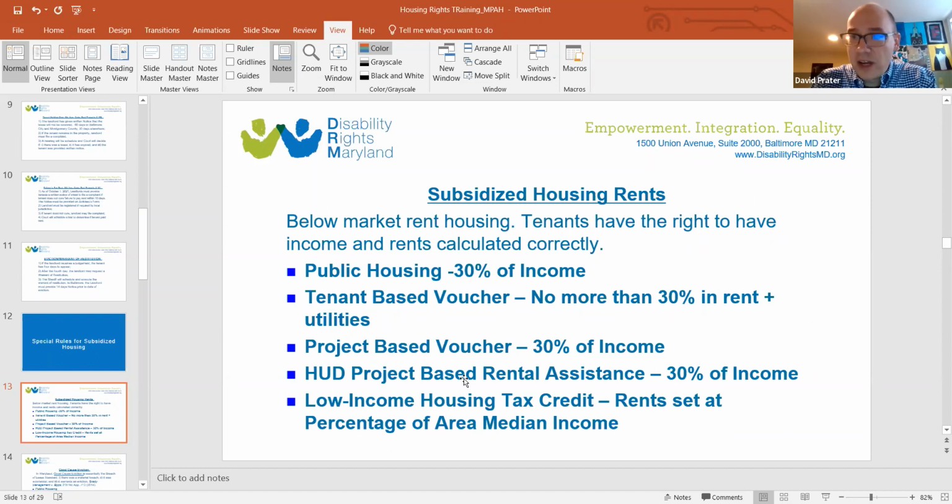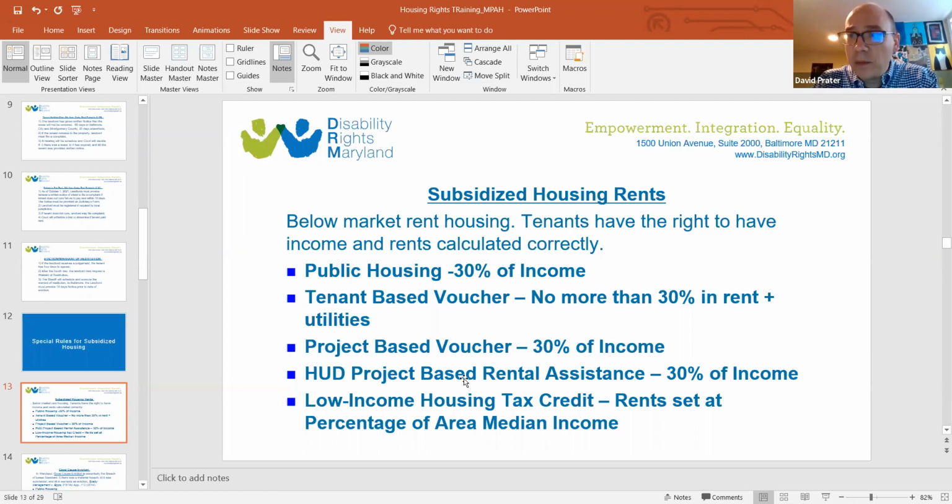For project-based vouchers, it's actually the same, no more than 30% of income towards rent and utilities, but many times utilities will be provided by landlords in project-based voucher units. In HUD project-based rental assistance units, no more than 30% of income towards rent.